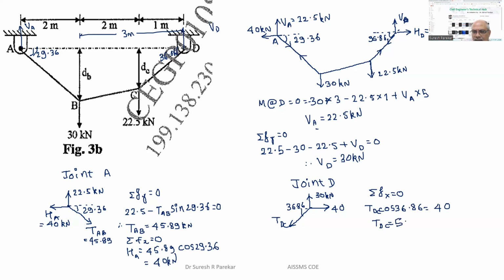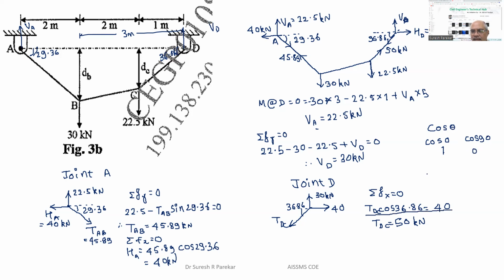If you have seen my previous video on cables, you can see that where we have a greater angle, we have a larger force, because the value of cos theta decreases from cos 0, which is 1, to cos 90, which is 0.